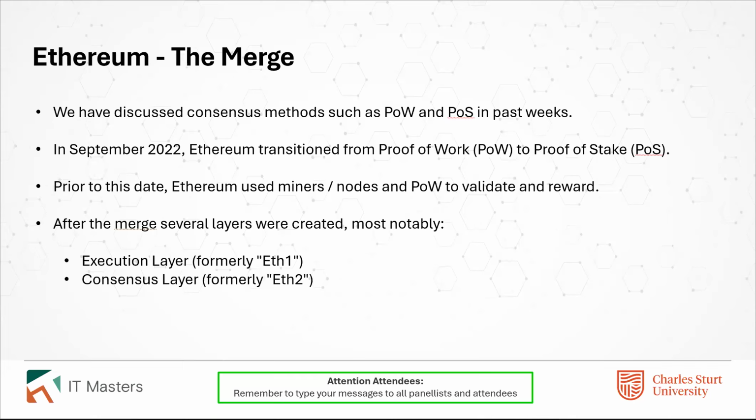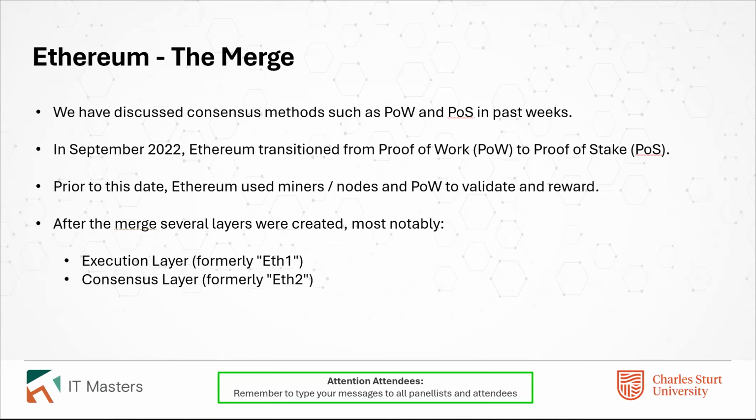Ethereum transitioned from proof of work, and proof of work is what Bitcoin still uses, which uses CPU intensive miners. That's what people mean when they say, oh, blockchain's so power intensive, and that's actually because of the consensus mechanism of proof of work. But in 2022, Ethereum converted. It was in September. It had been planning for a couple of years before that, but on that date, it transitioned over.